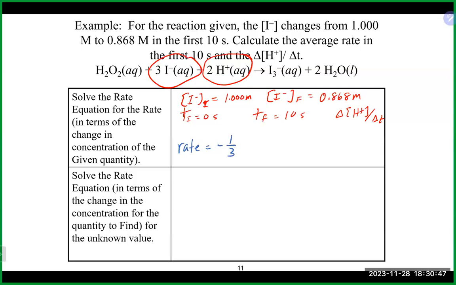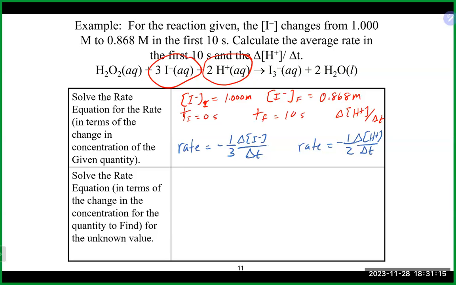So we have the minus and 1 over the coefficient, the change in the concentration of I minus over the change in time. We could also write a rate expression for our H plus, which is also a reactant. So minus 1 over the coefficient of 2, change in the concentration of H plus over the change in time. First off, any questions on how I got those two rate expressions there?